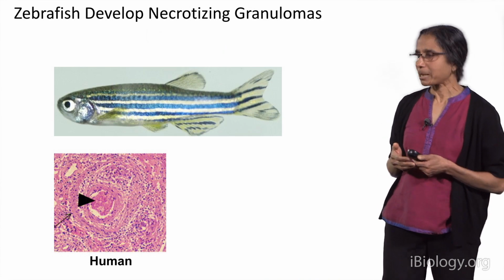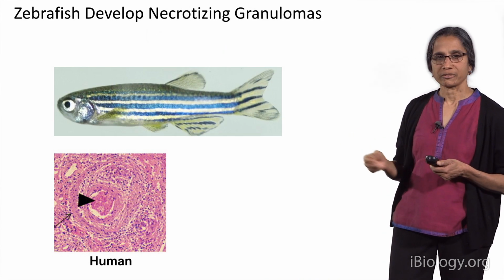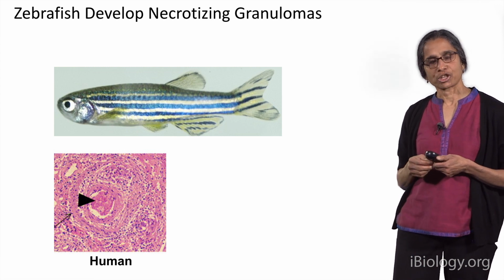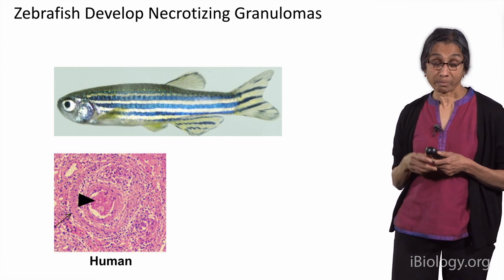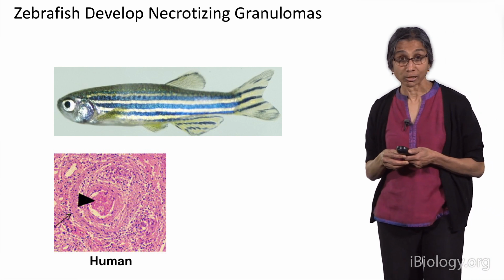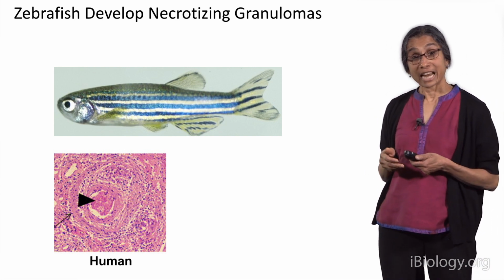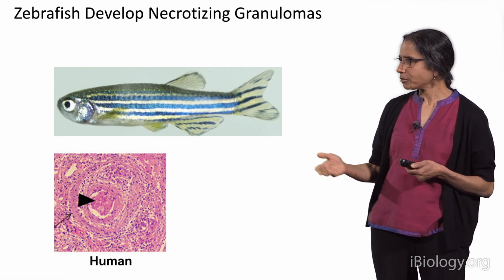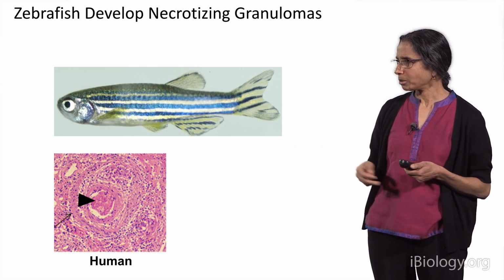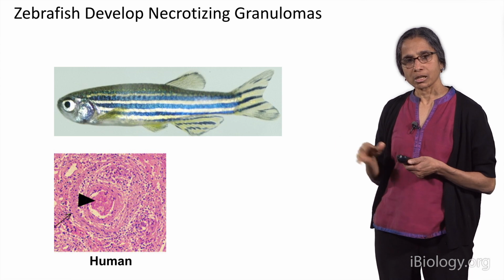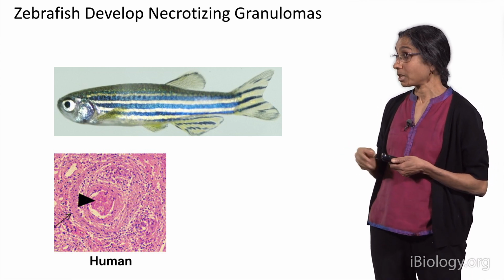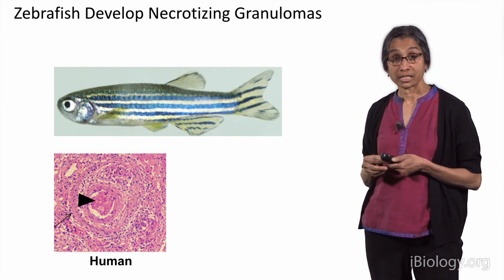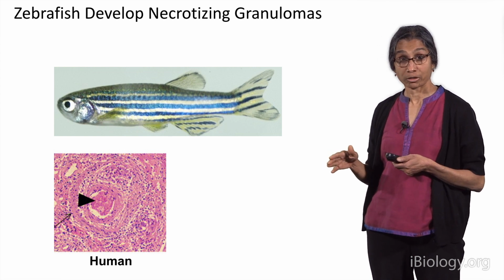And it turns out that Mycobacterium marinum also infects zebrafish. Zebrafish are a pet organism of developmental biologists and are a natural host to Mycobacterium marinum. So I've got for you here down in the bottom panel a human TB granuloma stained by hematoxylin and eosin, which will only stain the host cells but not the bacteria.